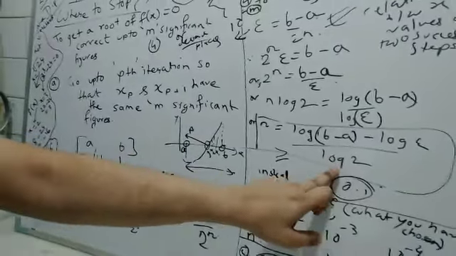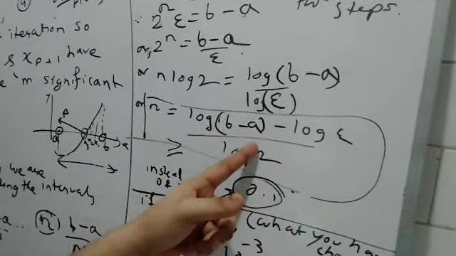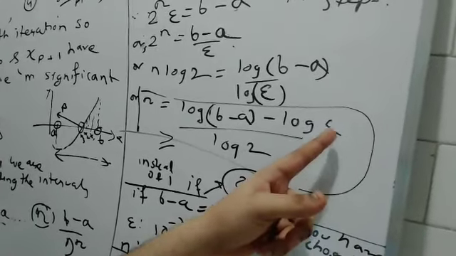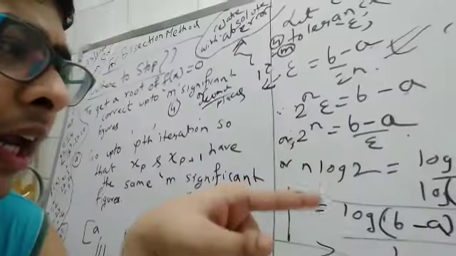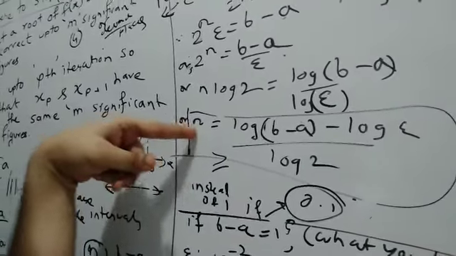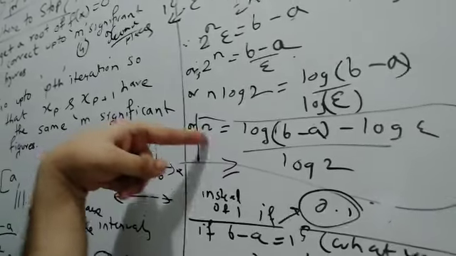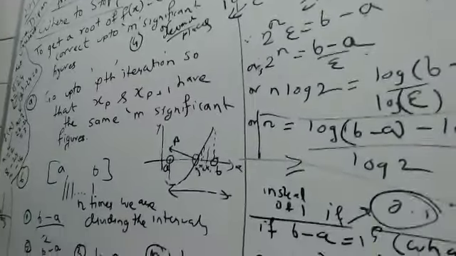So when you select B and A in your first step, and map with the m significant figures given in the question, then you can directly predict how long you need to proceed, that is, how many iterations you need to perform.